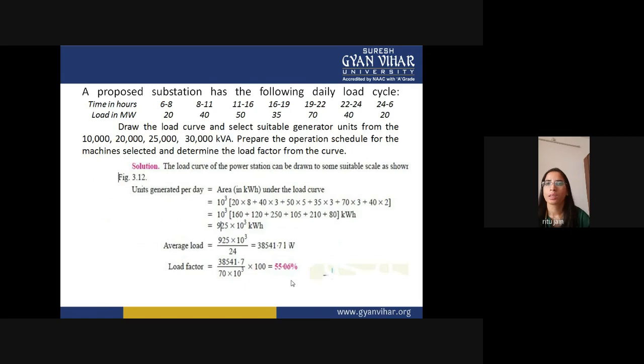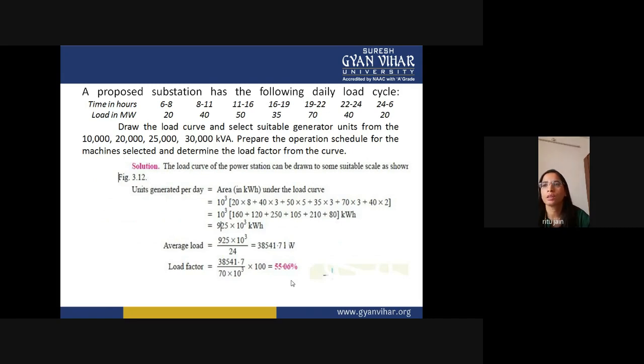Now the next numerical is very important and very conceptual. A proposed substation has the following daily load cycle. From 6 to 8 hours, the load is 20 megawatt. From 8 to 11 hours, the load demand is 40 megawatt.